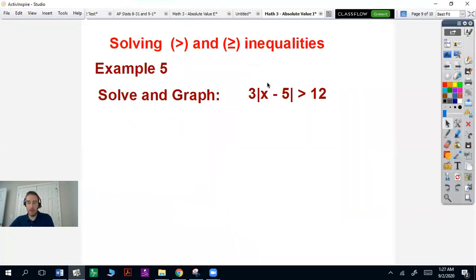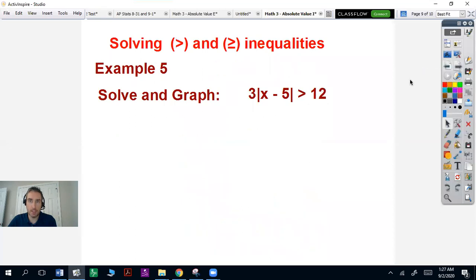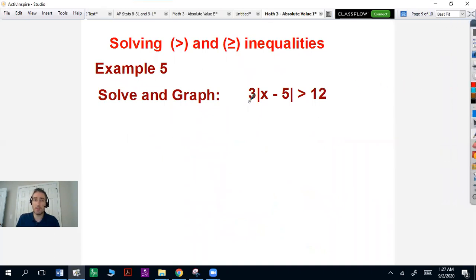So example 5, it's the same problem, okay? But notice that it's now greater than. So what we want to do here is follow the same steps to isolate. Absolute value of x minus 5 is now greater than 4.